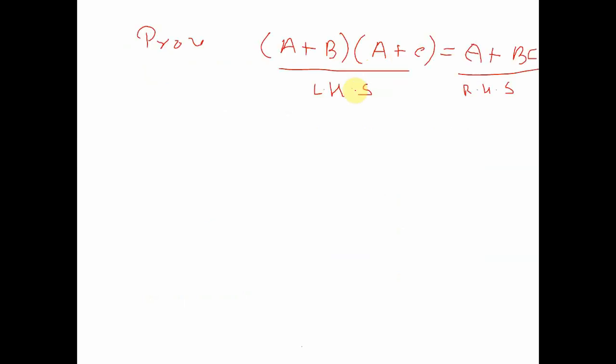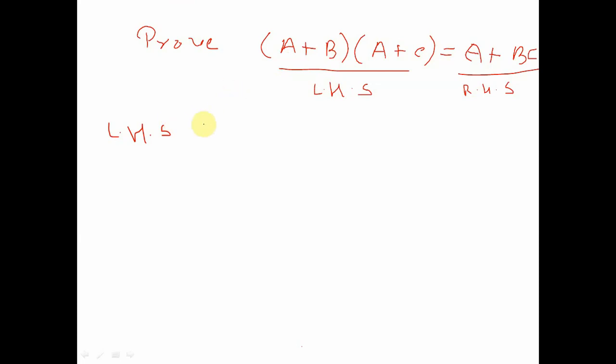Now I am taking this example. Prove (A plus B) in the first bracket and (A plus C) in the second bracket is equal to A plus BC. Now I am taking the left hand side. After solving and simplifying the left hand side, we will get the right hand side. How do we get it?